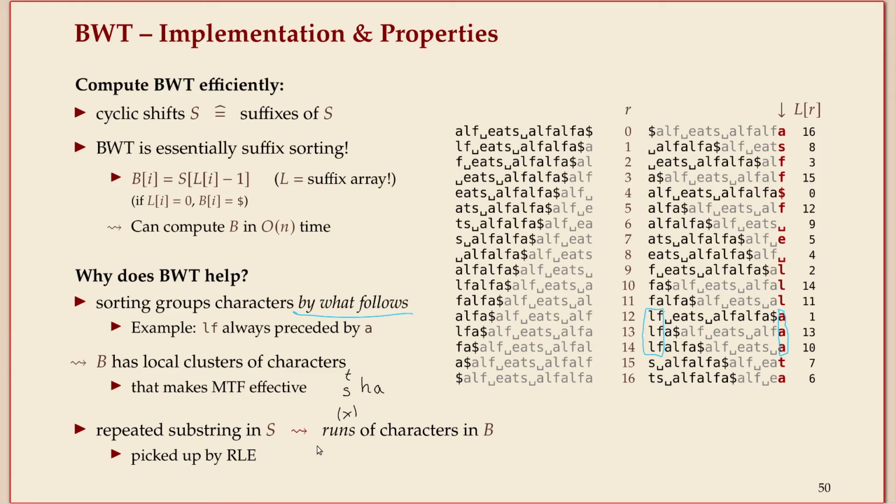And finally, if you have repeated substrings in S, you usually also get runs of characters in the Burrows-Wheeler transform, as in this example. So that's what I already said here. Alf is repeated 3 times in Alf eats Alf alpha, and that repetition in the BWT leads to runs of characters.